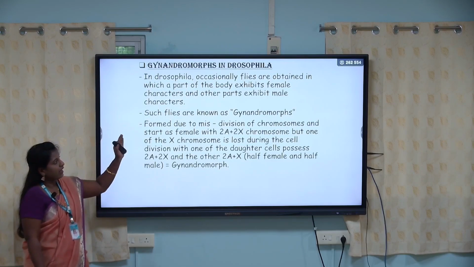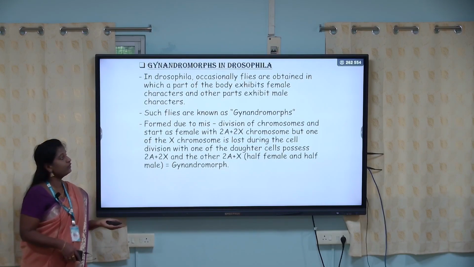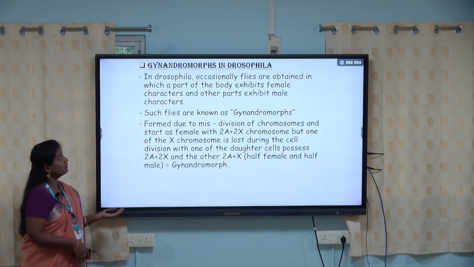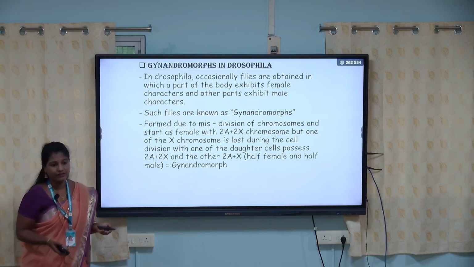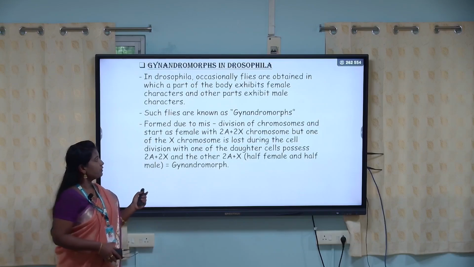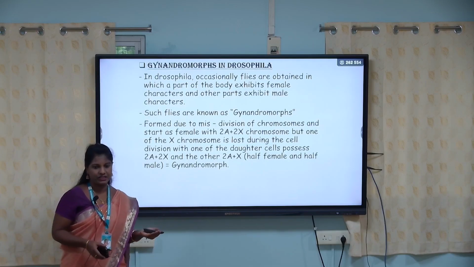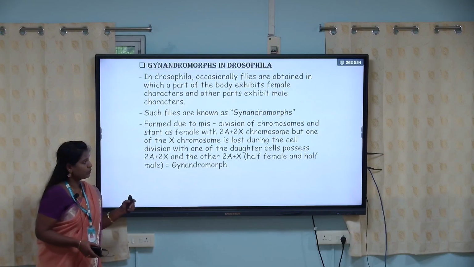Occasionally, flies are obtained in which part of the body exhibits female characters and other parts exhibit male characters. Those flies are known as gynandromorphs. This is formed due to misjunction or non-disjunction of chromosomes.